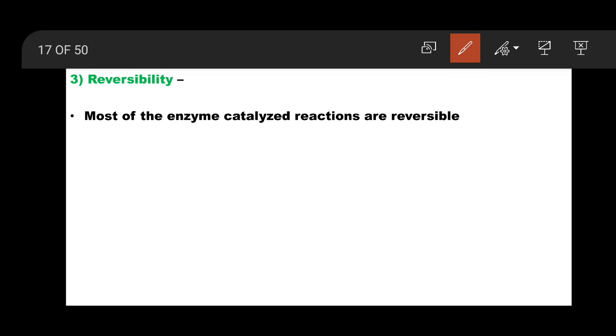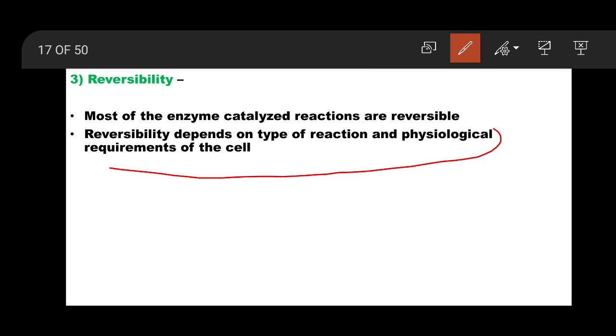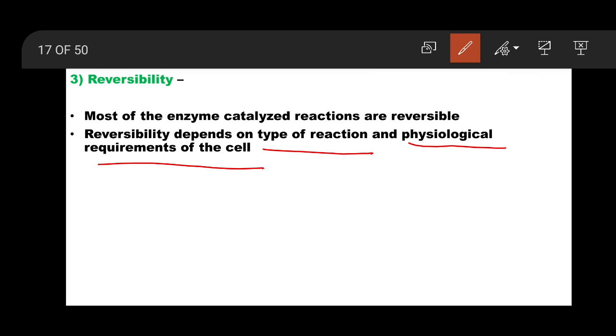Most of the enzyme catalyzed reactions are reversible. There are too many examples. Reversibility of the reaction depends on the type of reaction and the physiological requirements of the cell, which physiological condition is present in the cell. That will determine the direction and reversibility of the reaction.